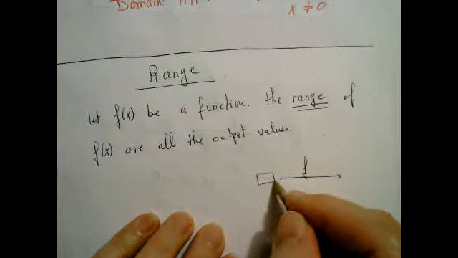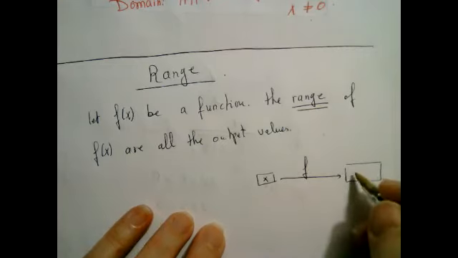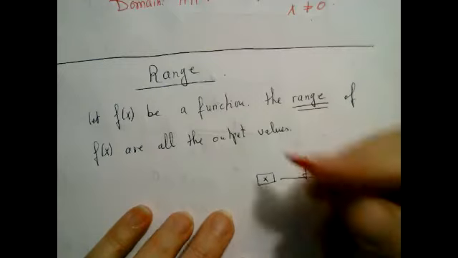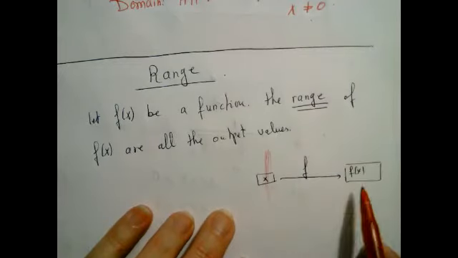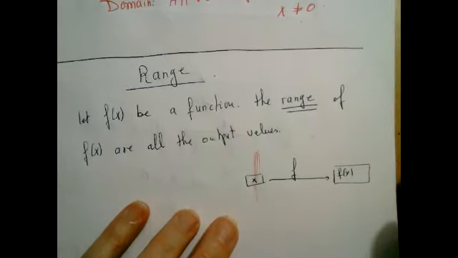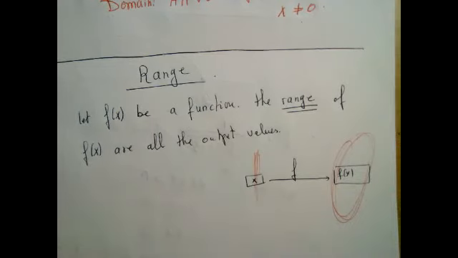You give it something, and this function gives you an output, whatever. The domain are all the x values that you can associate a y value for. The range are all those y values you get. This is the range.